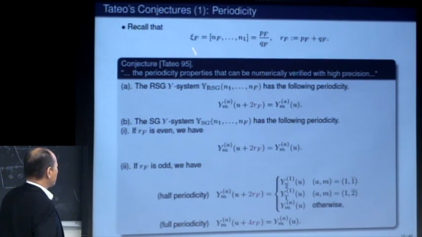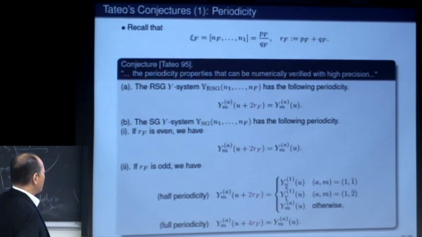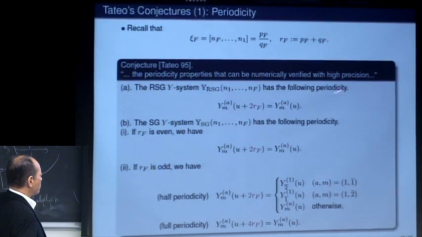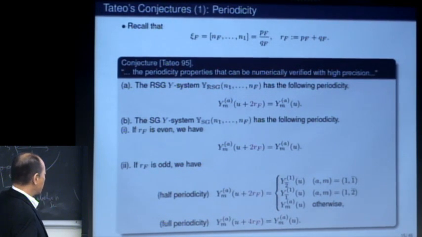First, periodicity. So remember that Y system is associated with a continued fraction. We have a reduced expression. You can add some numbers. Well, Tateo's conjecture is as follows. The reduced single Y system has the following periodicity. Just twice of this number is a period. That's it.